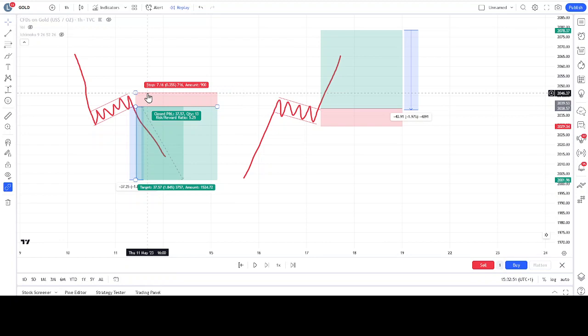Now let's see live on a chart how the pattern looks and how it actually performs, or whether it performs as we discussed here. So let me get rid of these drawings here.